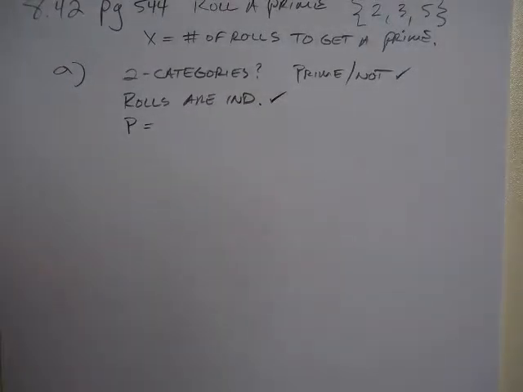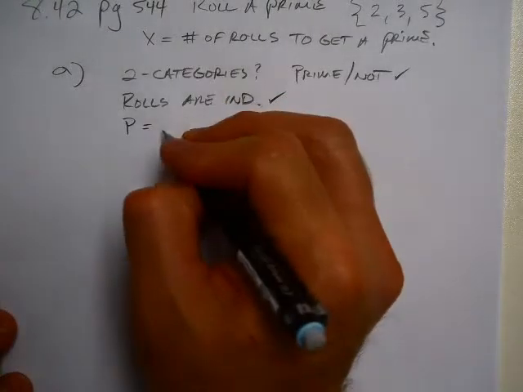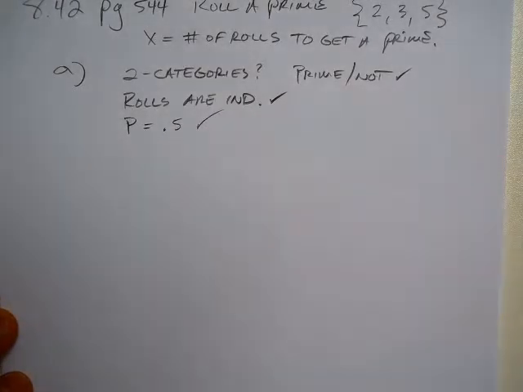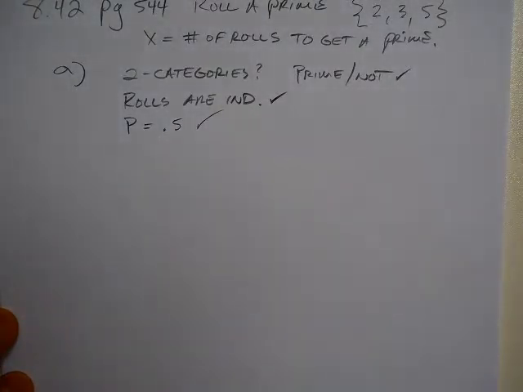And what would that probability be? We've got 3 things that we want on the die. Wouldn't that be 3 out of 6 or 1/2? Right, 0.5. So our probability is constant.